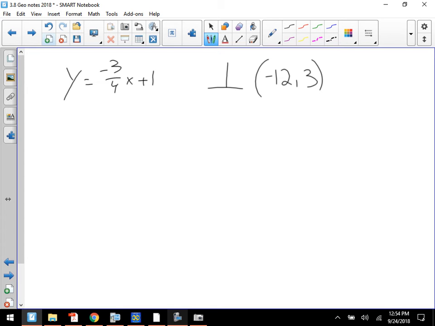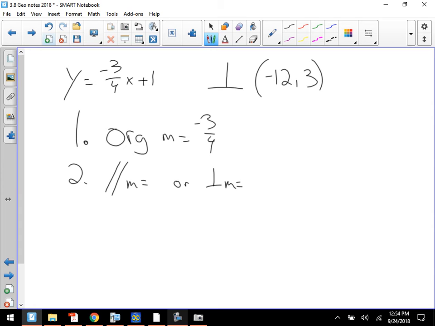Negative 3/4. Good. So step number one. Is this a parallel or perpendicular problem? What's perpendicular to negative 3/4? 4/3. Very good.